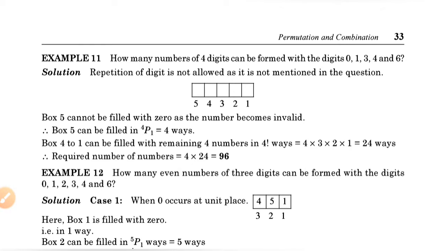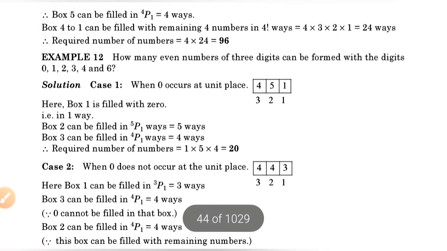So this box can be filled with 4 P1 ways, and the remaining boxes can be filled with the remaining 4 numbers in 4 factorial ways, that is 24 ways. Therefore the required number of ways is 24 times 4 equals 96, by using the multiplication rule.